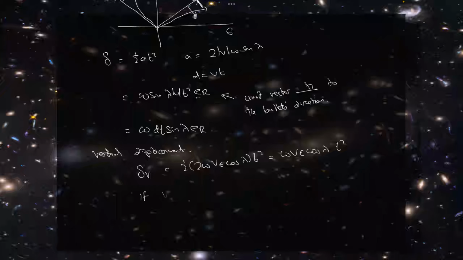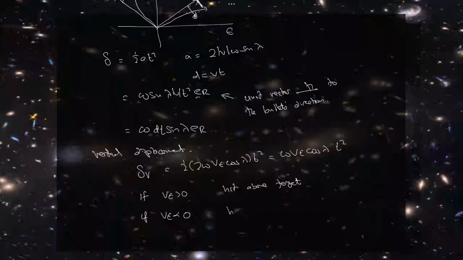So if ve is greater than 0, for instance if we fire in the easterly direction, we end up hitting above where we aimed compared to firing, say, in the north or southerly directions. And if we fire in the westerly direction, we hit below the target as compared to firing in the north or south directions.